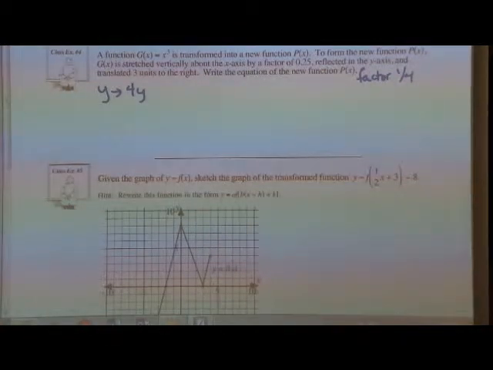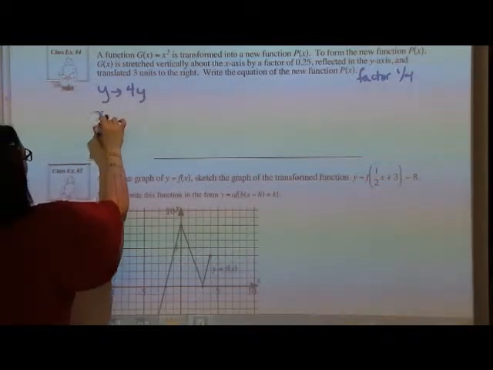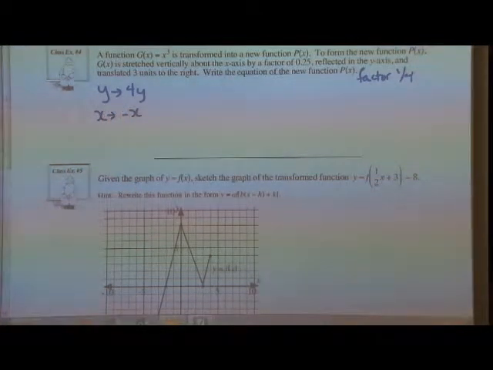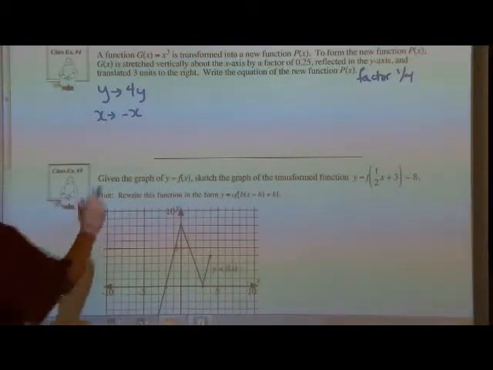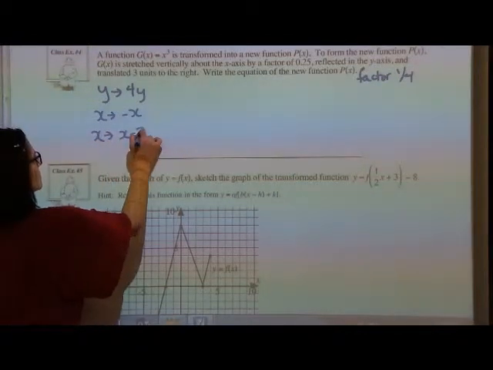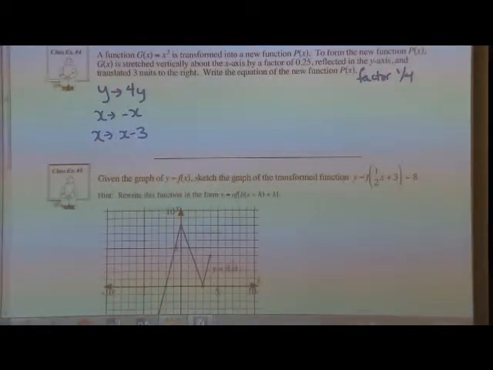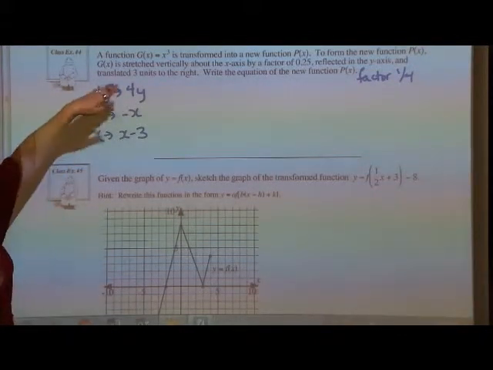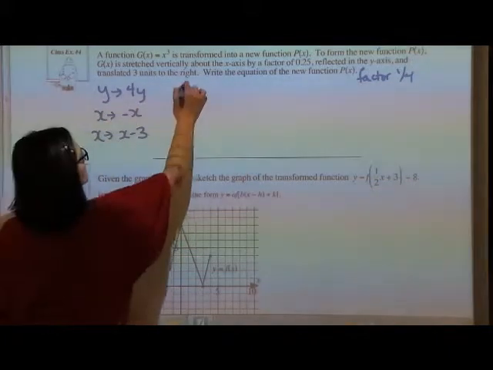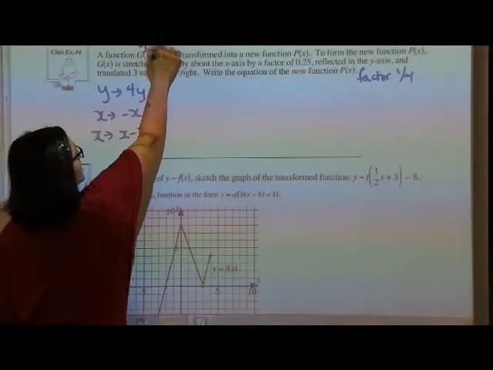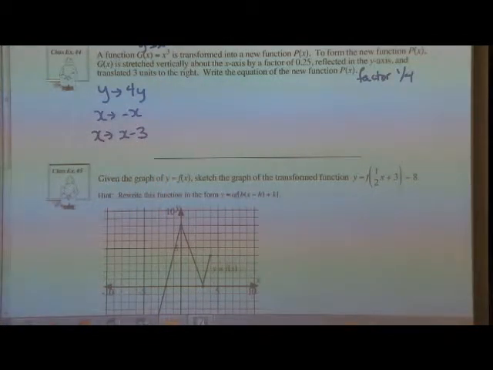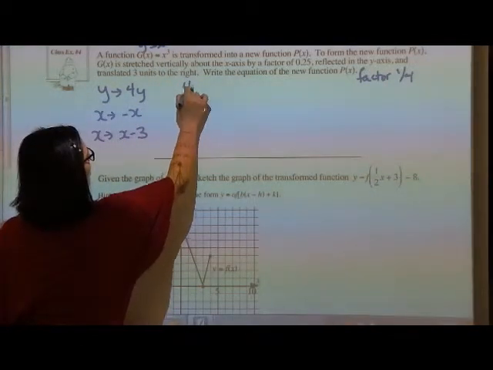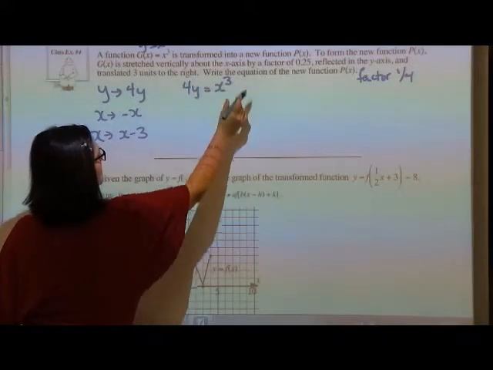Reflected in the y-axis, what's my replacement? X with negative x. And translate 3 to the right. X minus 3. So when I go in step by step, instead of y equals x cubed, because I can put y instead of g of x, I get 4y equals x cubed.